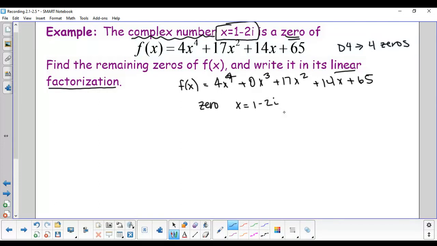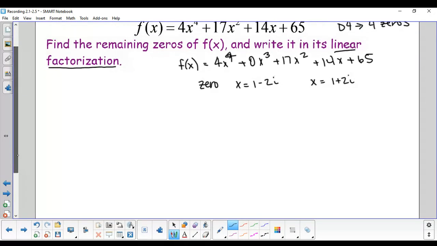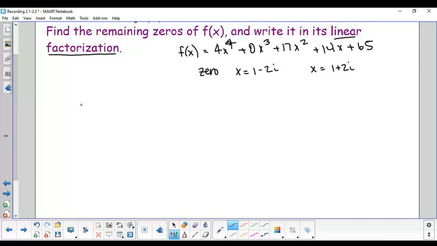But because we know that zero, we also know a second zero. We also know that its conjugate is also going to be a zero. So we can also divide it by 1 plus 2i. Because I know two of the zeros, I'll be able to factor this to a quadratic where I'll be able to use the quadratic formula. So let's go ahead and get started.